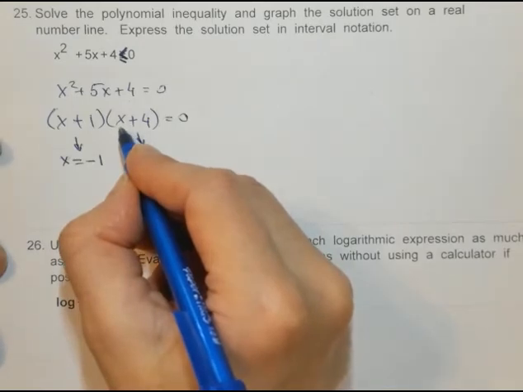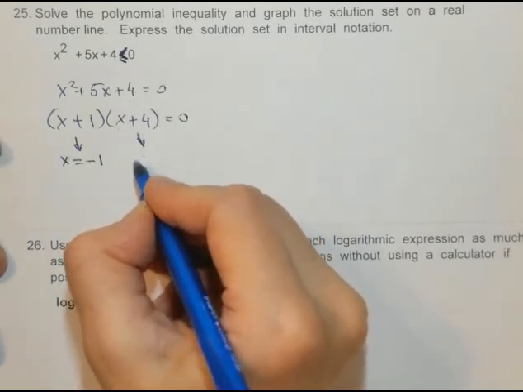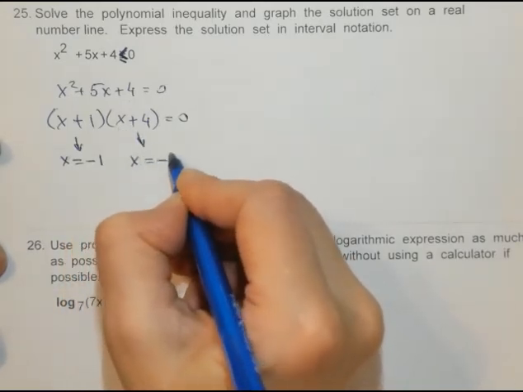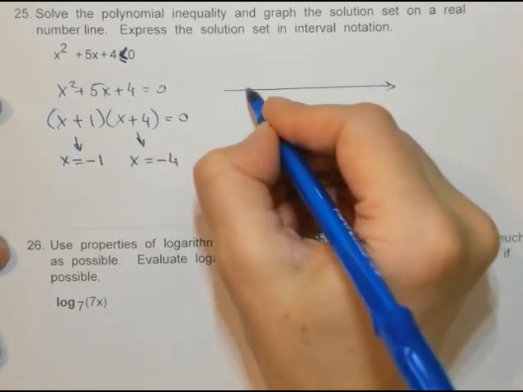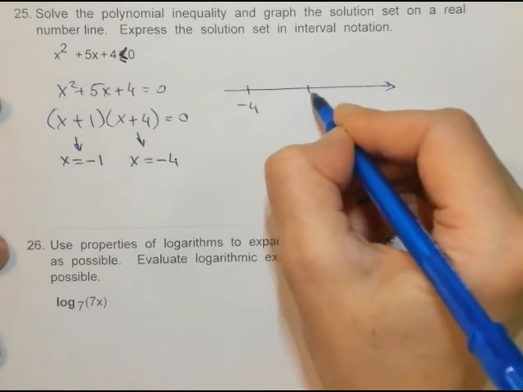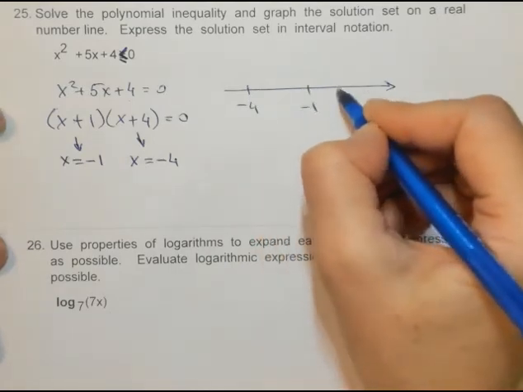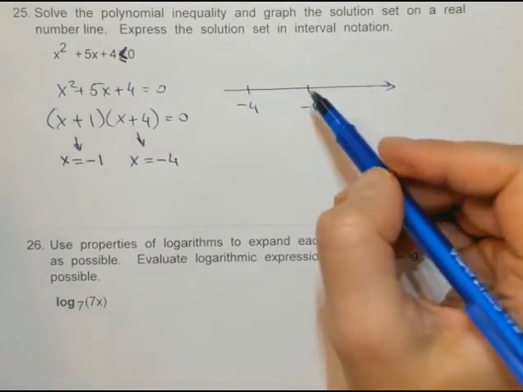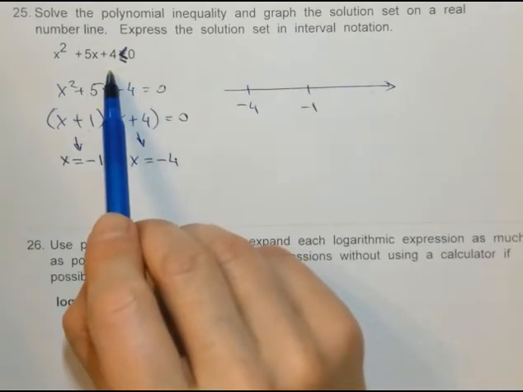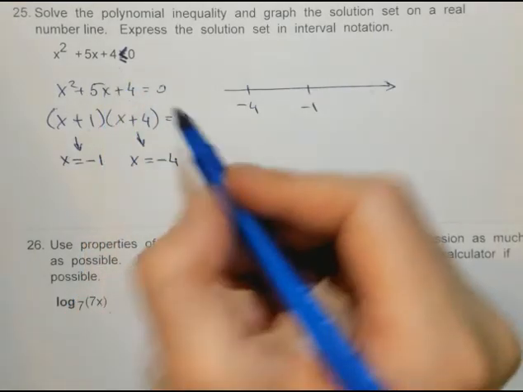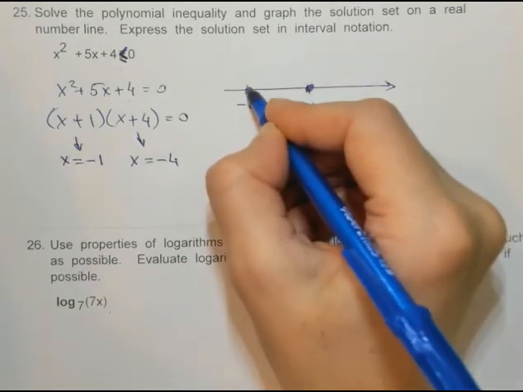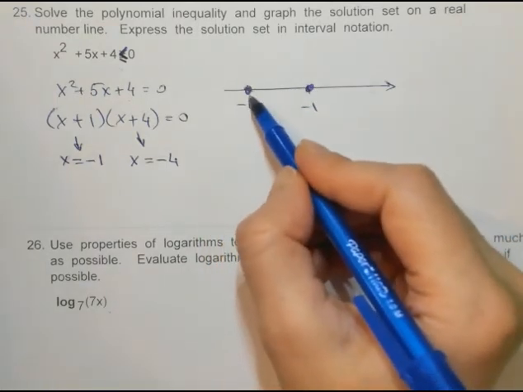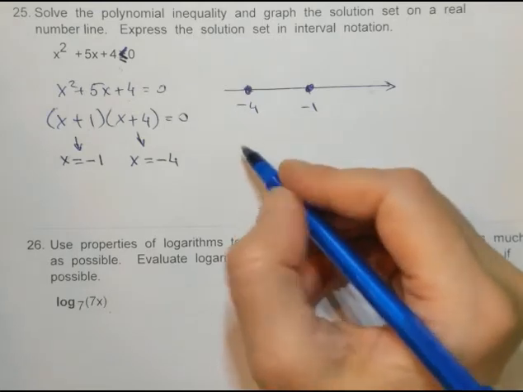And if you put x plus 4 equal to 0, you will get x equals -4. So we have -4 and -1, and we have a less than or equal sign. It means these boundary points will be included in the interval. I can show it by the closed dot.